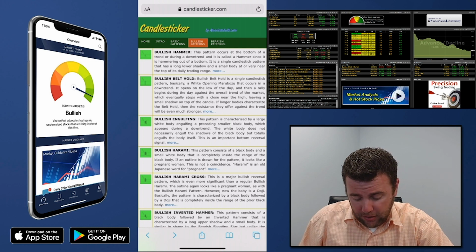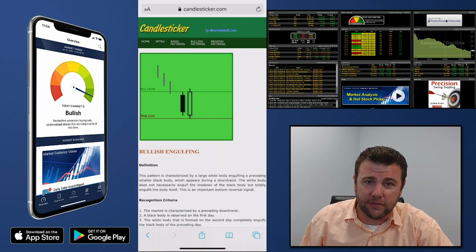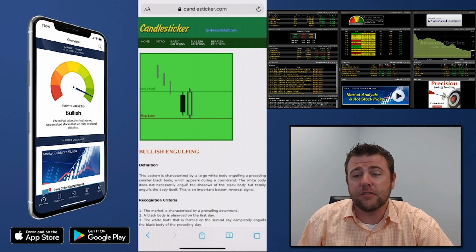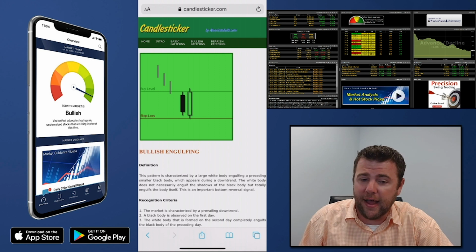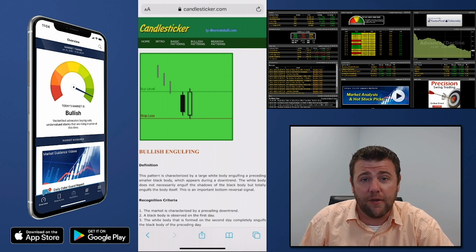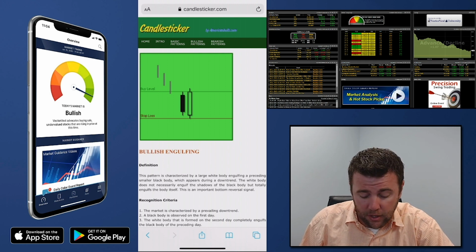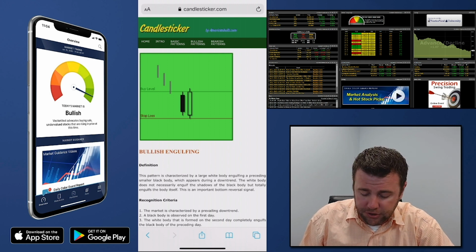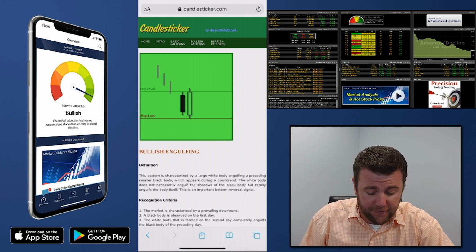Another pattern that we're going to be looking at is a bullish engulfing. Now this requires two candlesticks rather than just one. So this is a little bit more advanced, but still very easy to identify regardless of how long or how much experience you have in the market. Essentially a bullish engulfing is looking at the black candle, which is a red candle. You see it's filled right there.